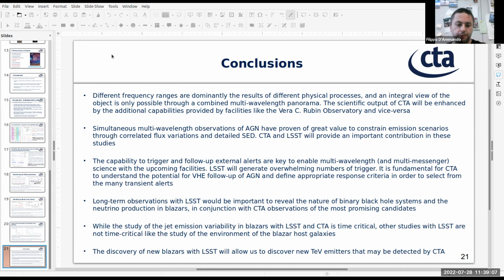And also not time critical studies like the environment of blazars can be something to be done, and there is a link with what we observe at higher energy for the brightest objects. And of course, the discovery of new blazars with LSST will allow to follow up and discover these new TeV emitters with the CTA that are more sensitive. So we should go deeper and deeper also in the TeV sky. And I stop here.